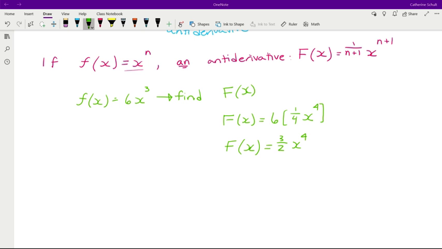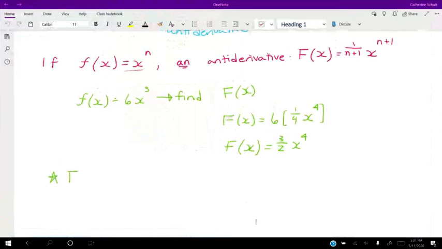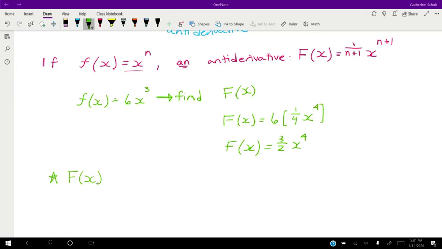Okay, so one antiderivative of 6x cubed is 3/2 x to the fourth. All right, and again, that function, that antiderivative we just found, is just one of, believe it or not, infinitely many antiderivatives.